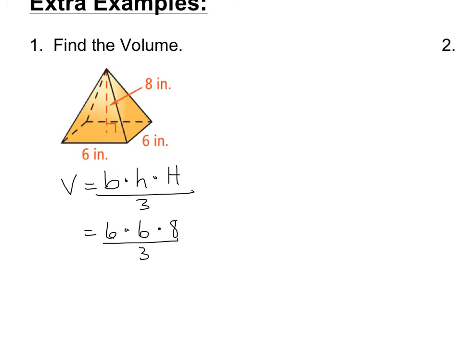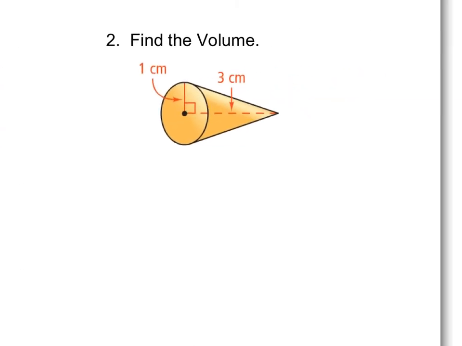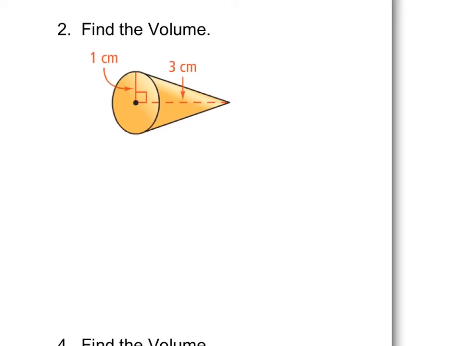Divide that by 3. We end up with 288 on the top, divided by 3, which is 96, in this case inches cubed. Okay, 96 inches cubed.